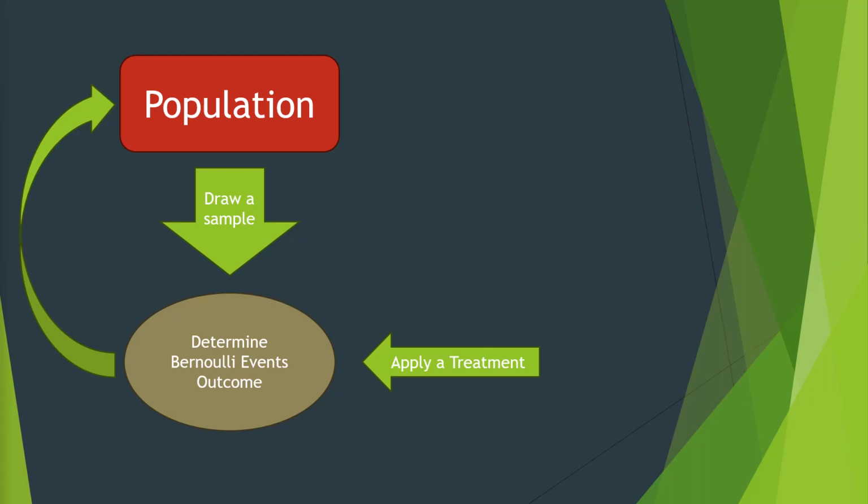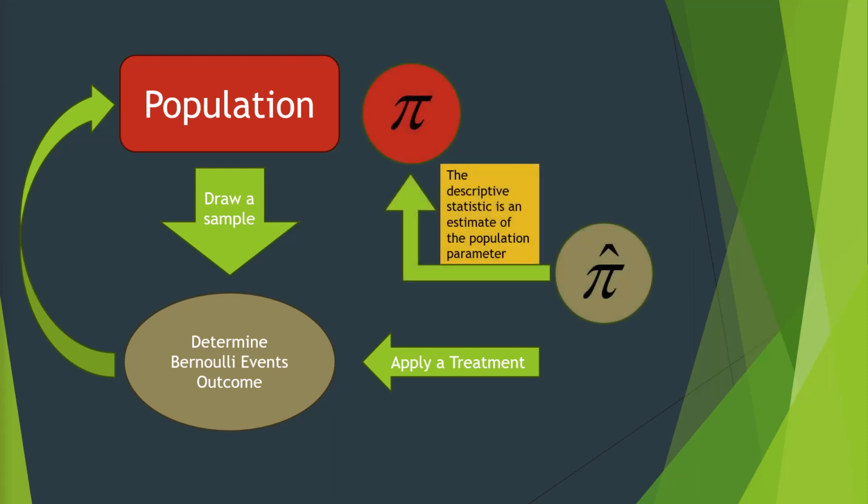This means that our descriptive statistic, once used as a description of the sample, becomes an estimate of the population parameter. It plays both roles. Note the hat to indicate it is an estimate of what is under the hat.